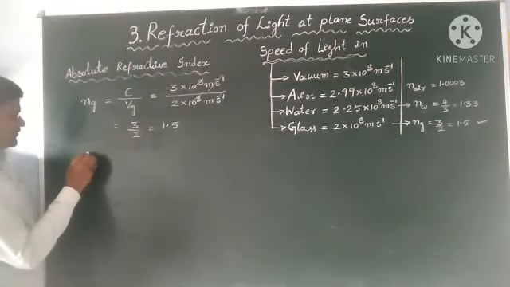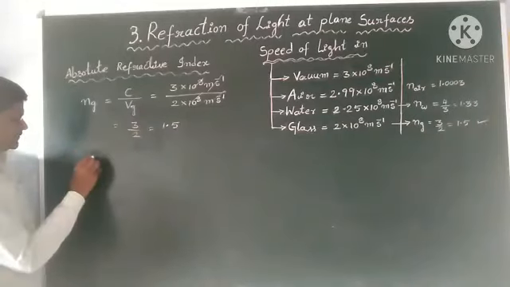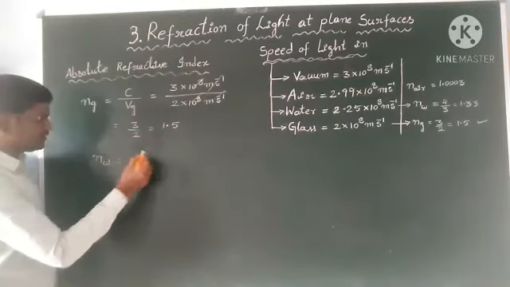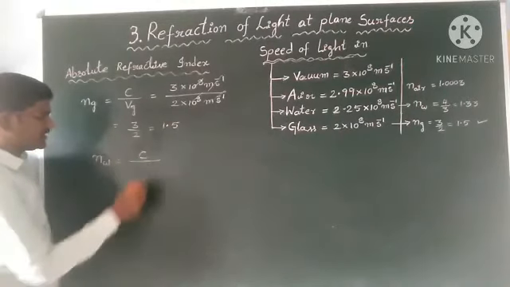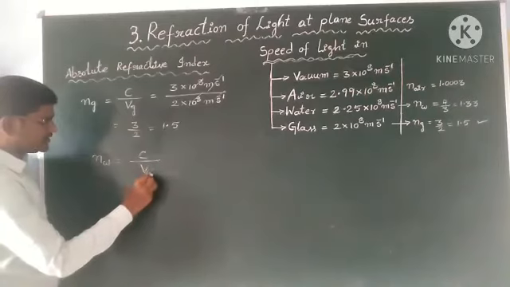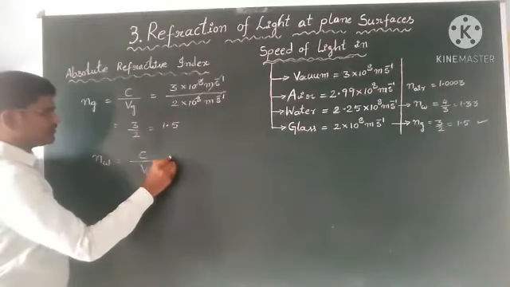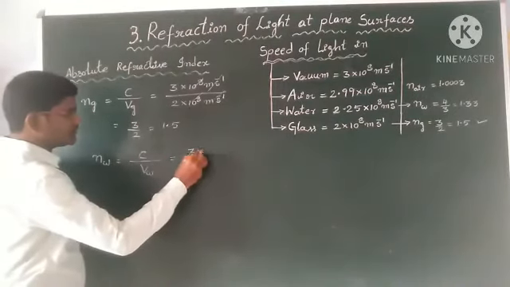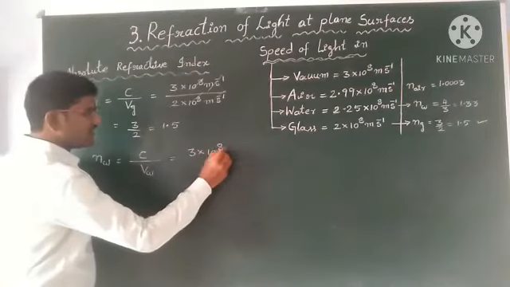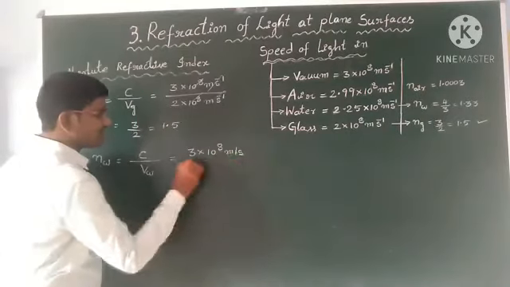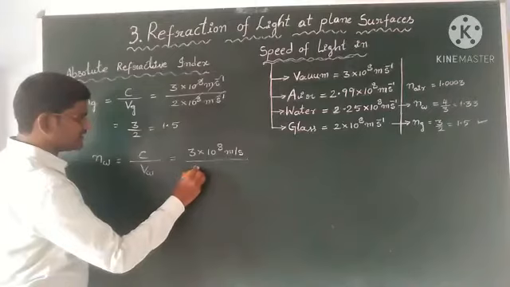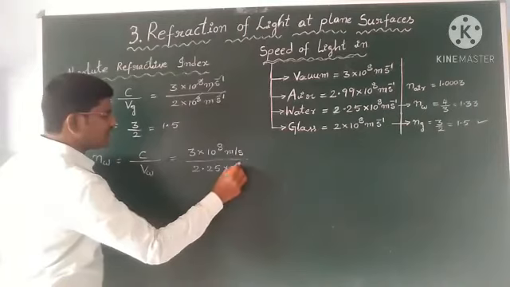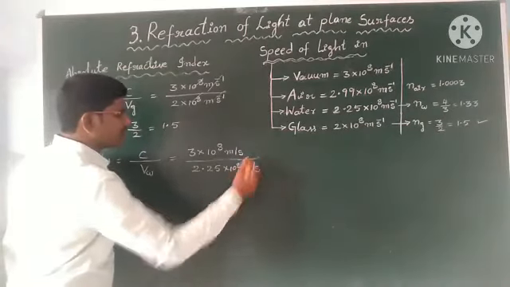And next, the refractive index of water. The refractive index of water is equal to the speed of light in vacuum divided by the speed of light in water. The speed of light in vacuum is 3 × 10^8 meters per second, and the speed of light in water is 2.25 × 10^8 meters per second.